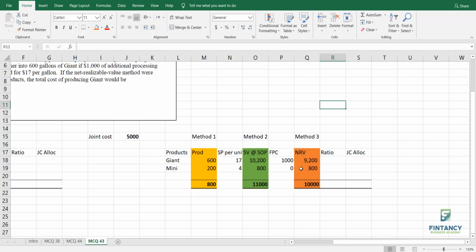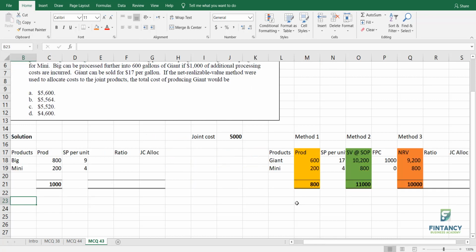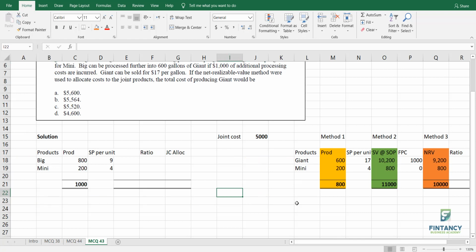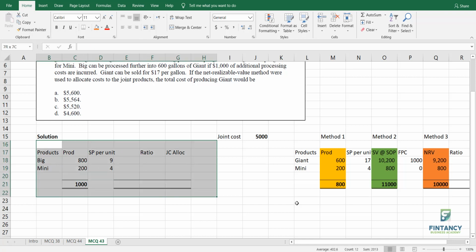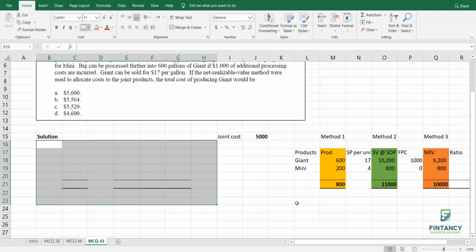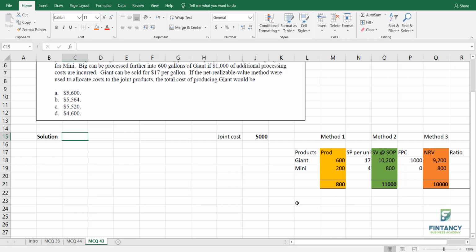If you are using method 3, you have to work through till NRV and then you will take the ratio. Got it, everyone? So the format is same, but you can use it to solve all the 3 methods, right? So I hope it's clear with you.